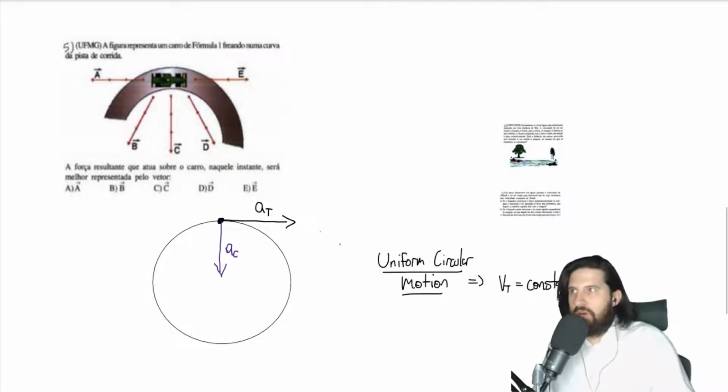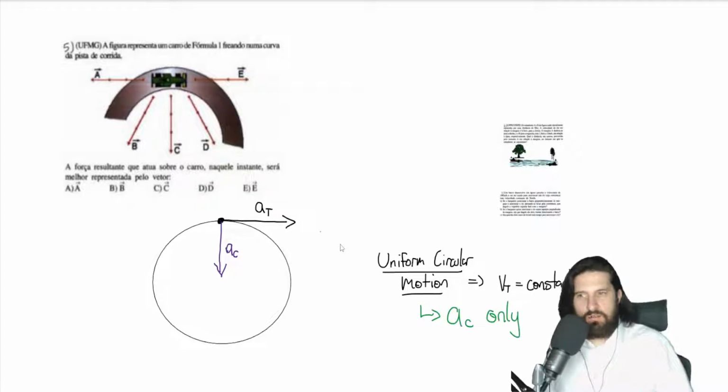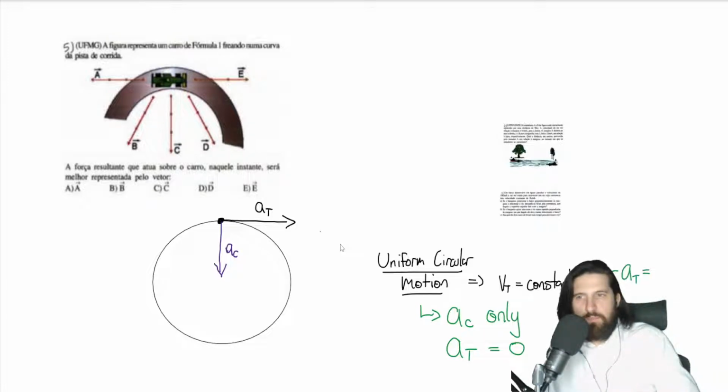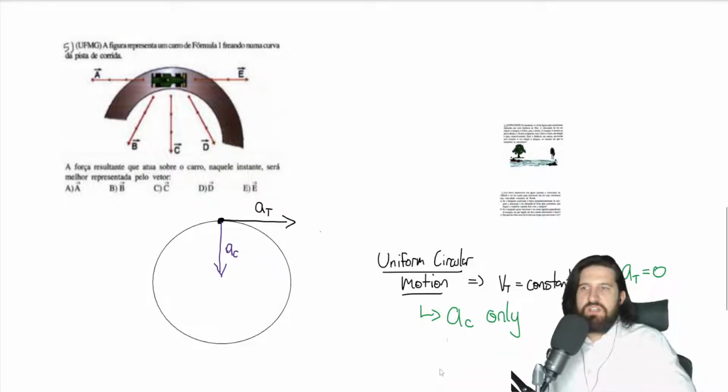And in that world, AC is the only acceleration. Okay? And AT is equal to 0. We could point to this to say the velocity in the tangent is not changing. It's constant, so the acceleration is 0. That's what acceleration tells us, right? Whether that velocity is changing or not. The reason this is allowed to continue is because this is in a totally different direction than this is, okay?